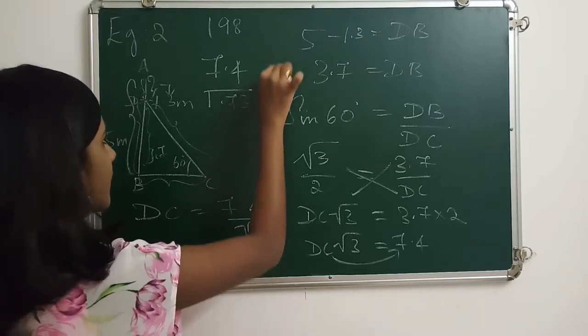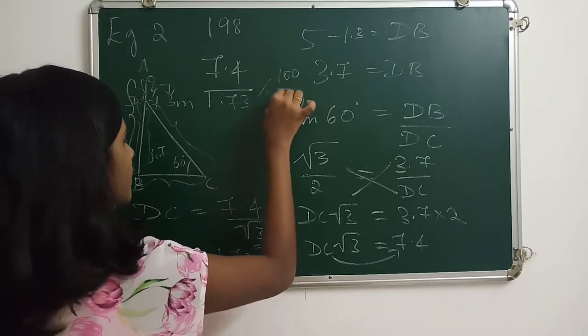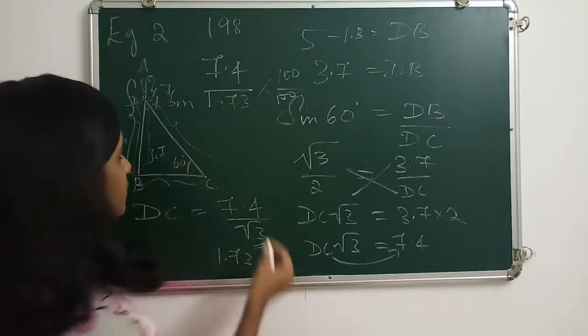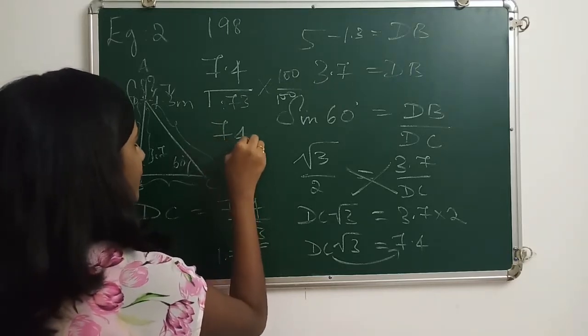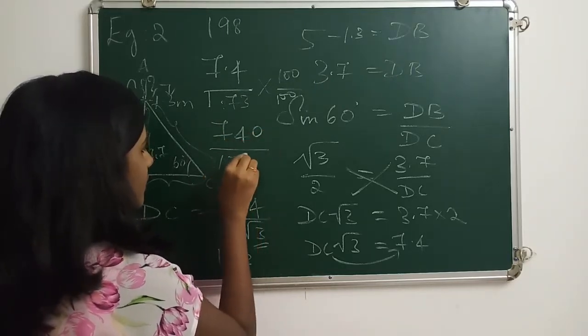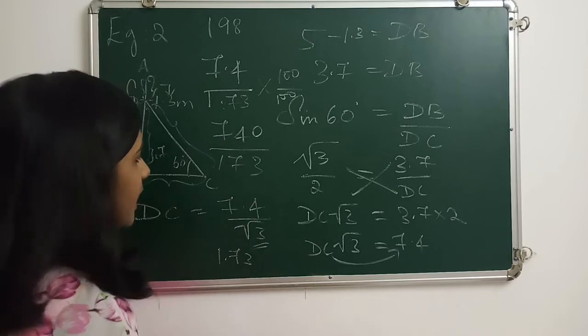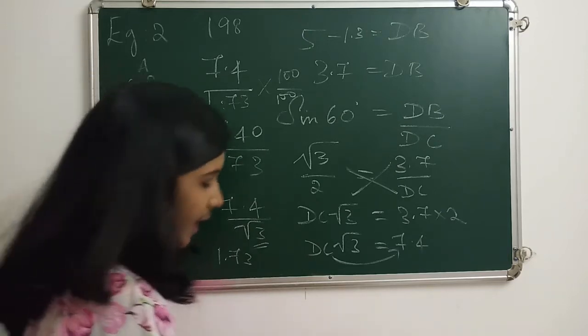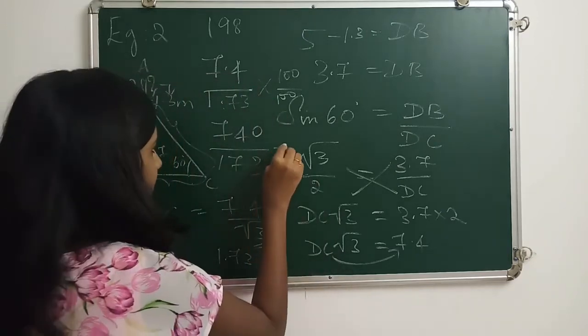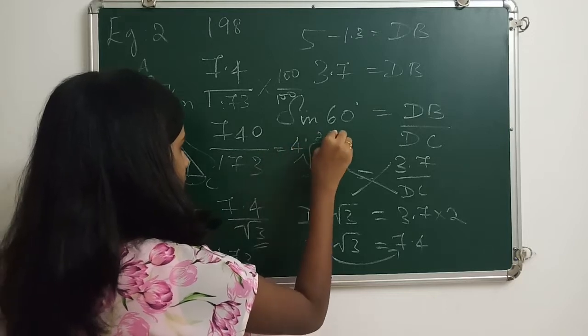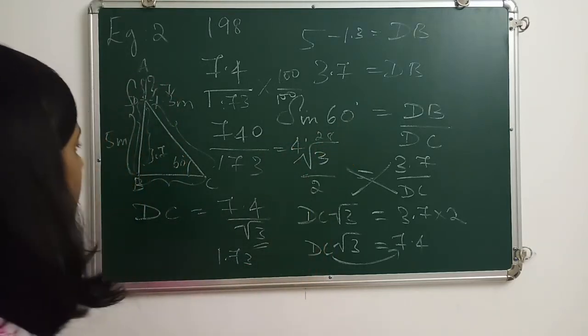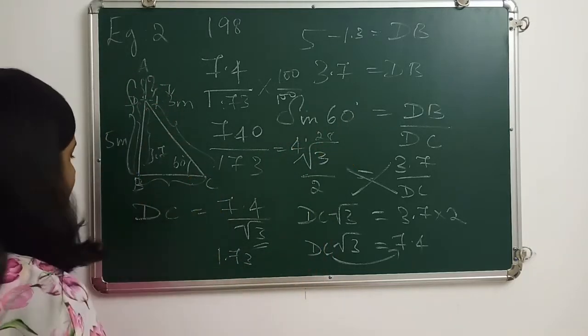We can multiply it by 100 by 100 to remove the decimals. So 740 divided by 173. Now if we divide this we get 4.28 and this will be the length of the ladder.